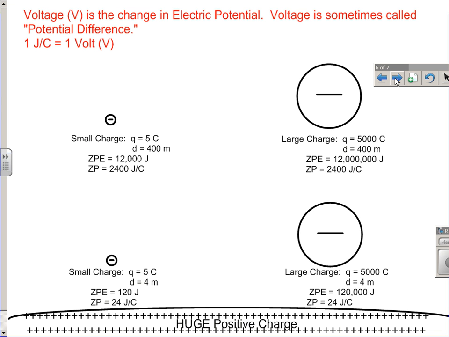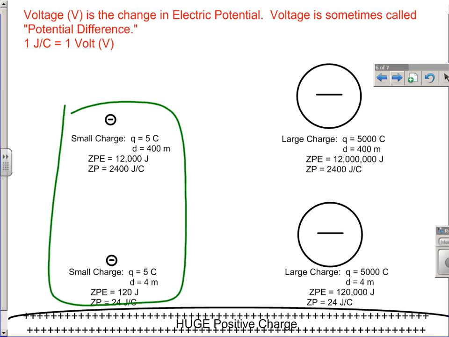So, voltage. Voltage is the change in electric potential. So let's focus on this little charge over here. When it's down here, the electric potential is 24 joules per coulomb. When it's up here, the electric potential is 2,400 joules per coulomb. So, if you wanted to, for example, lift the small charge from here to up here, the voltage that would be required would be the change in electric potential.